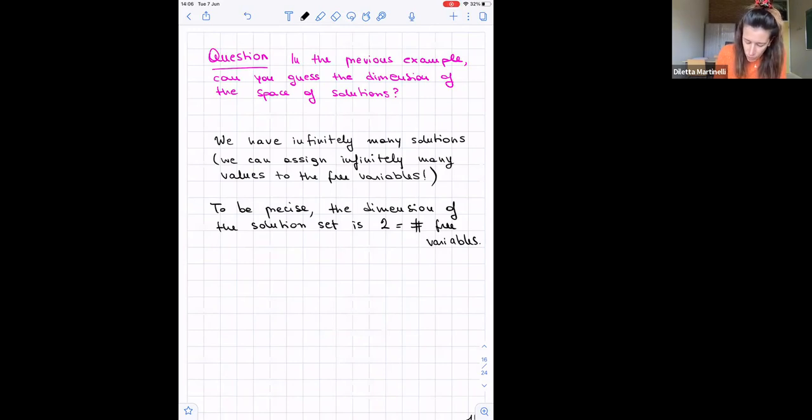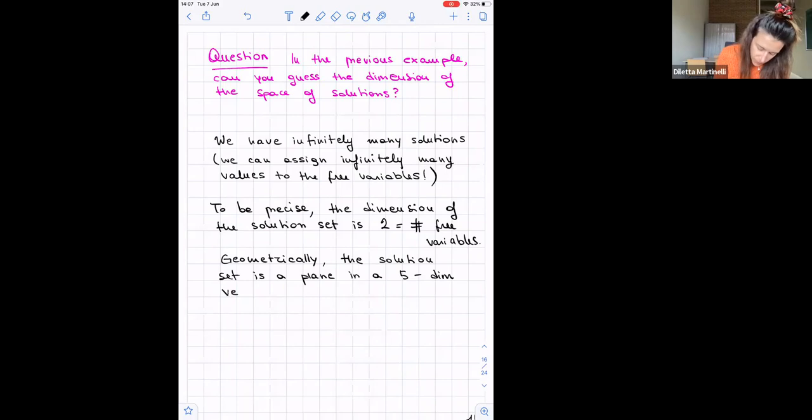And so geometrically, the solution set is a plane in a 5-dimensional vector space. Again, more in the reference.